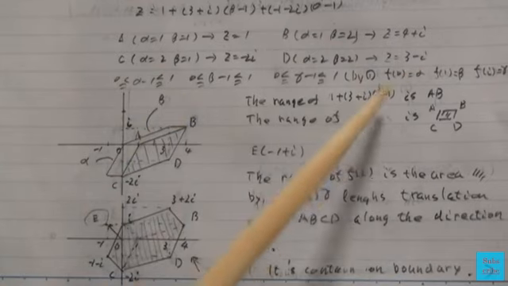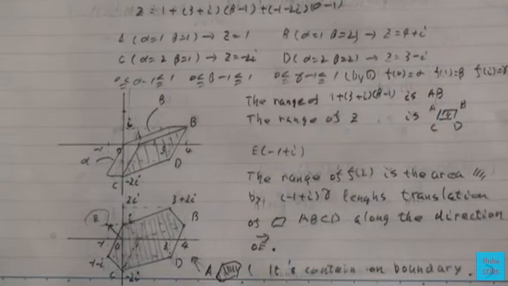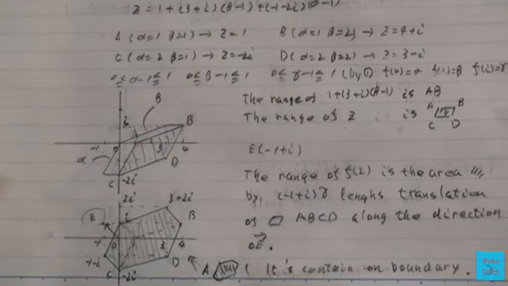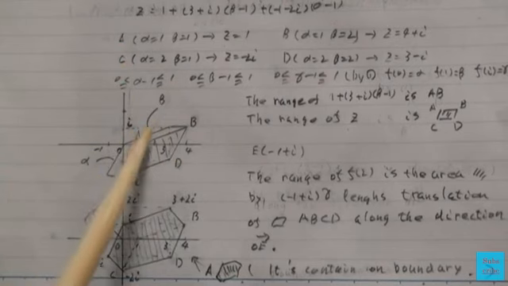The range of this is AB. And the range of Z is the region A, B, C, D.